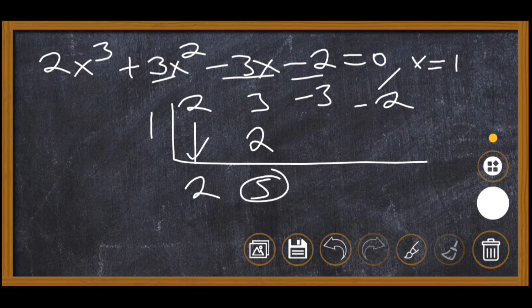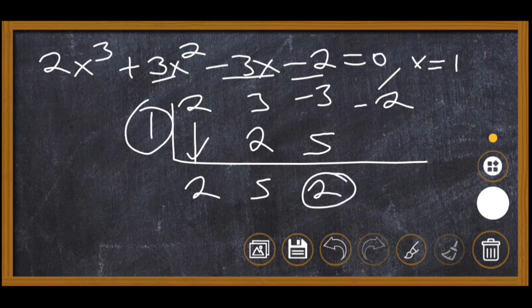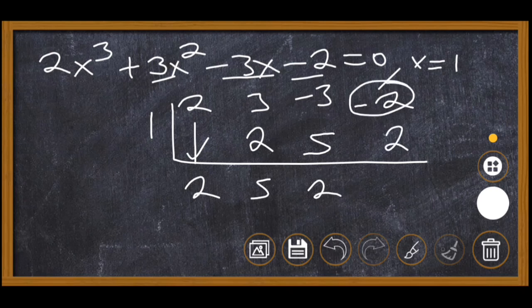Then positive 5 multiplied by positive 1, we have positive 5. Then negative 3 added to positive 5, we have positive 2. Then positive 2 multiplied by 1 here, we have positive 2. Then negative 2 added to positive 2 here, we have 0.